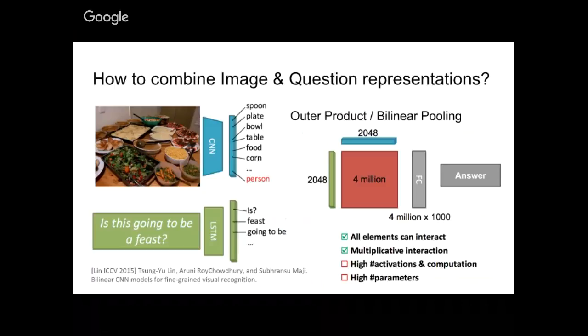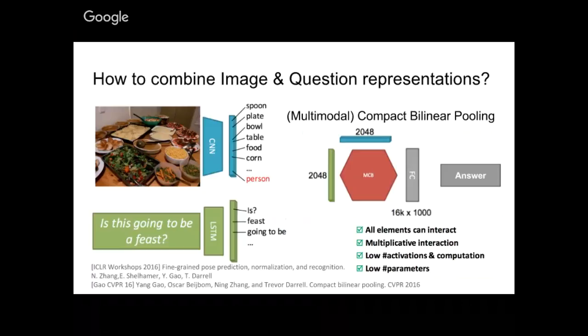So what they propose is to use this method, the outer product, but a compact version of it. This way, having compacted the output vector to more or less 16,000 elements, we would preserve all these characteristics and have a lower dimensionality vector.